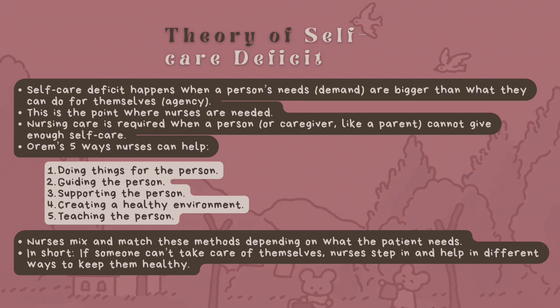Ibig sabihin lang ng self-care deficit, if someone can't take care of themselves, nurses step in and help in different ways to keep them healthy. Pag hindi nila kayang tulungan yung sarili nila, this is the perfect time that nurses are going to help in different ways. Hindi lang sa physical, bagkus pwede rin sa mental, yung sa environment nila, ika-counsel nila yung person, ganun.